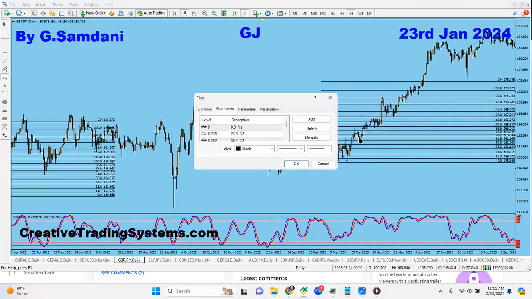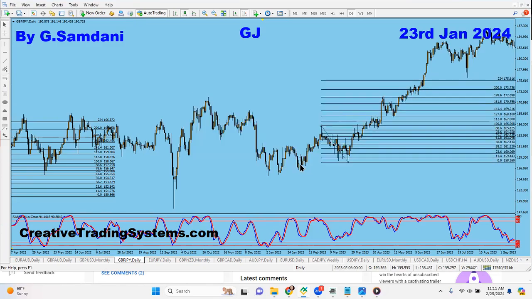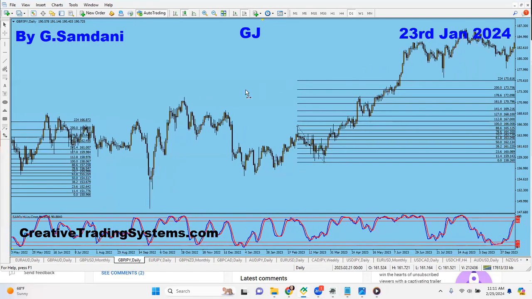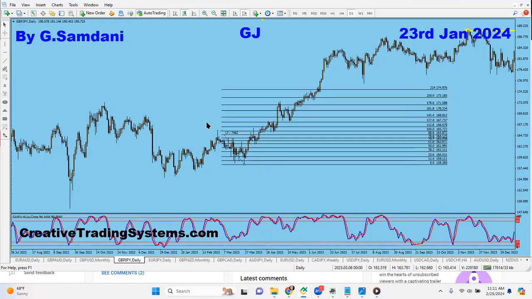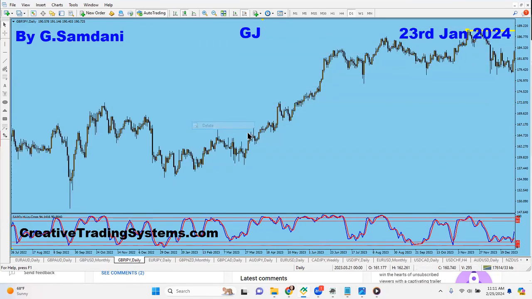Let's say you have your entry here somewhere, and you want to go to 127 and or 161. So 127 is right there. See this? It touches exactly, then it tried to dip a little bit, and then again it went up, and then it poked into the 161 level, and then it dipped, and then it went even higher. That happens again 95% of the time.